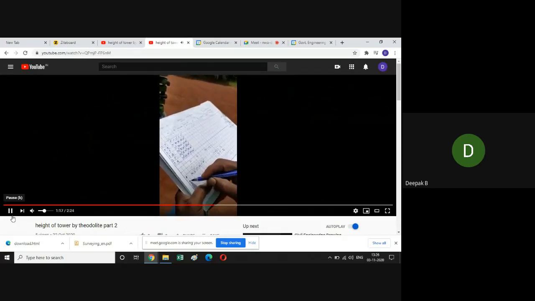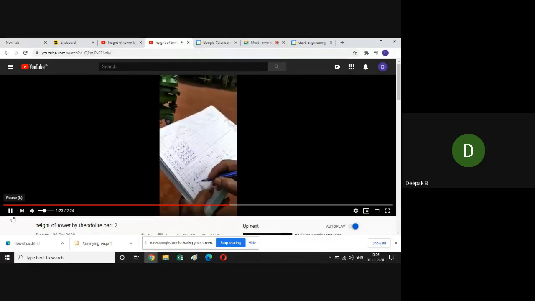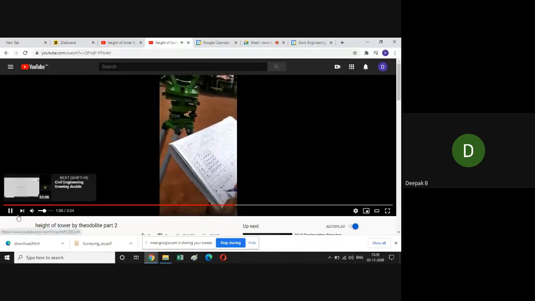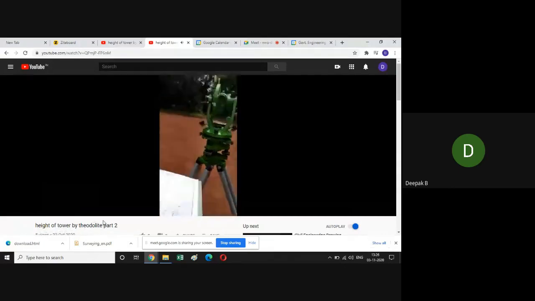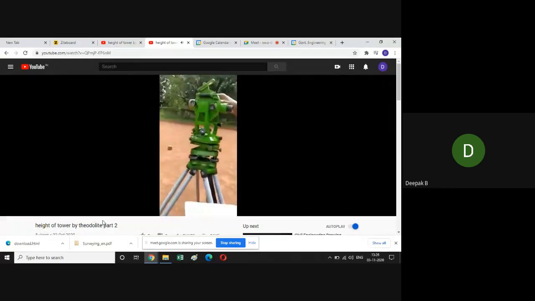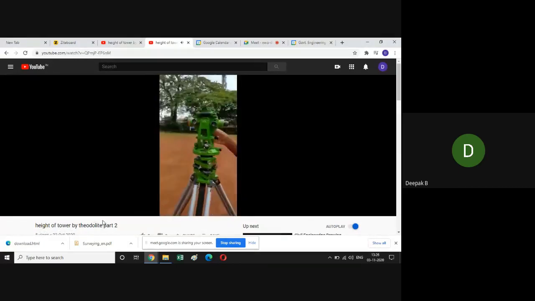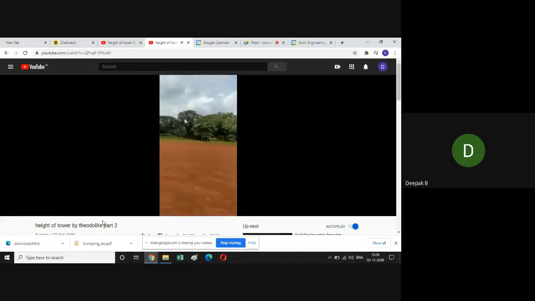The reading that is left is alpha 2. So he transits it, rotates it so that he is facing the radio tower again.